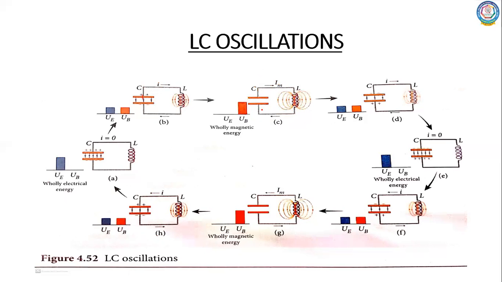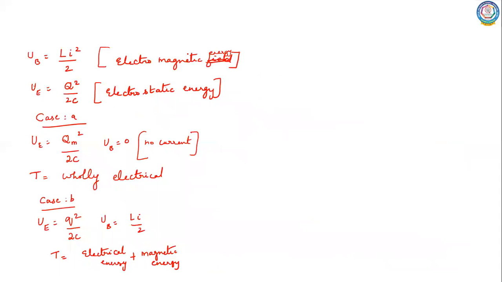So now in case 3, or C, you have UE equal to 0, and UB having maximum value. Here it should be Li square, children, right?